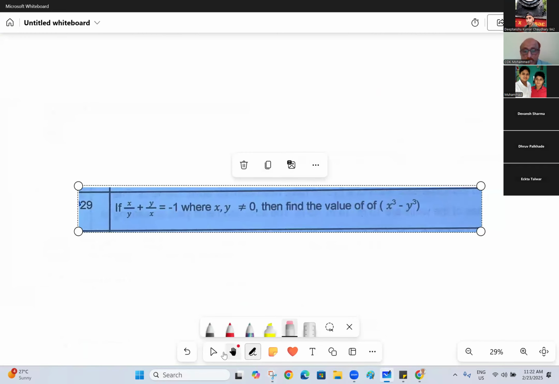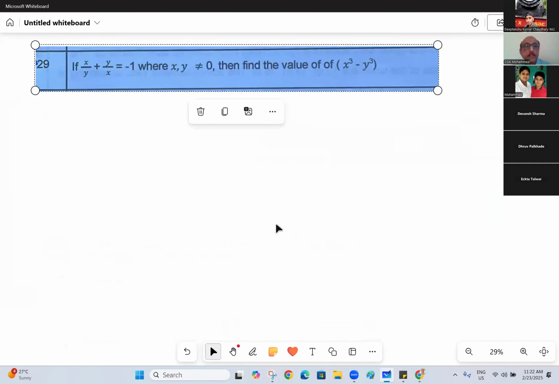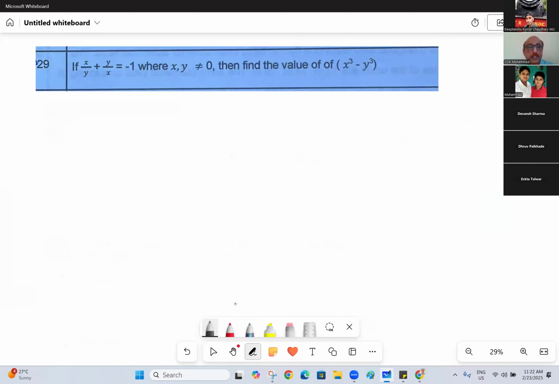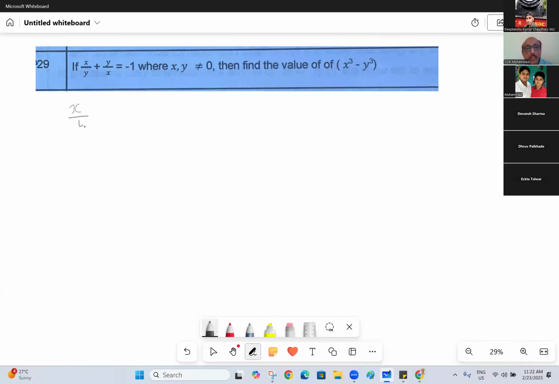This is the question. x by y plus y by x is equal to -1, correct? Who asked this question? Me, Devansh.